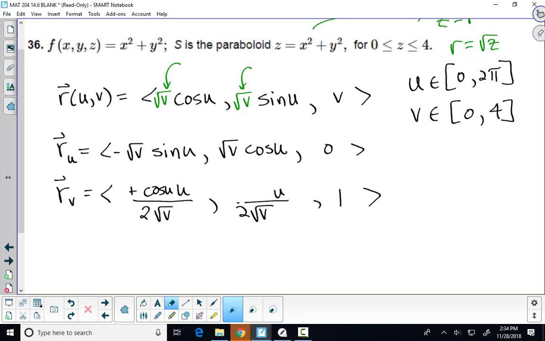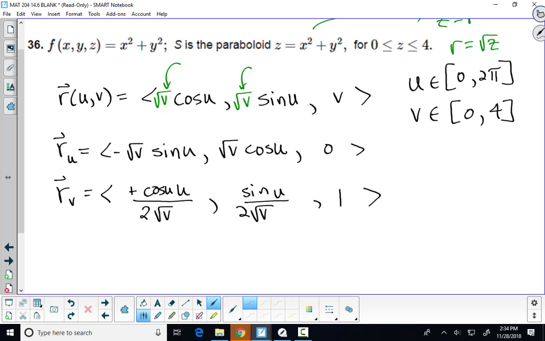Both of them, because when we take the partial with respect to v, we get 1/2 v to the minus 1/2. So the partial with respect to v both should be positive. But these should be the originals, not from something else.